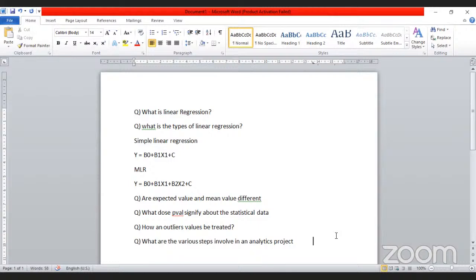After that, we can build a model on the clean data. That is the fourth step, model building. So we can apply different models on that data. We can check the accuracy of the model, which model is going to suit that data.